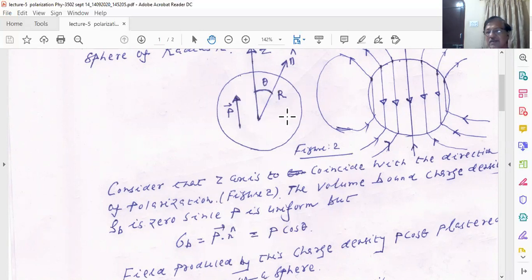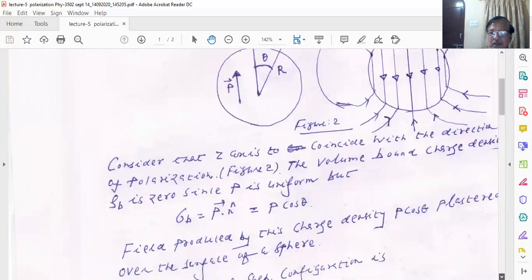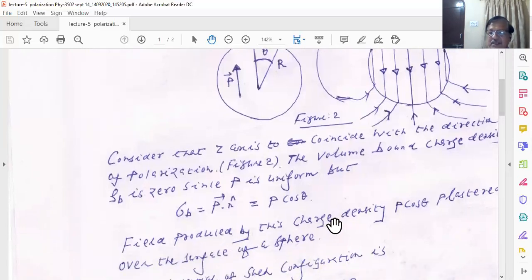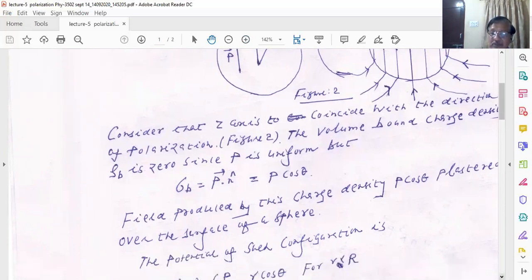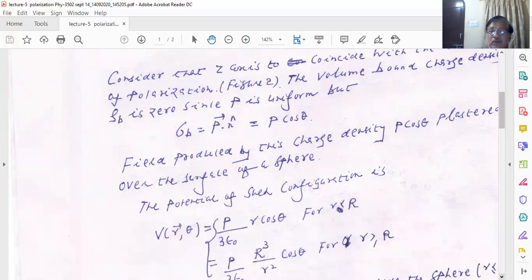Because of this charge, you have electric field inside the sphere as well as outside the sphere. So now look at the problem I would like to discuss here: the potential of such a charge distribution.